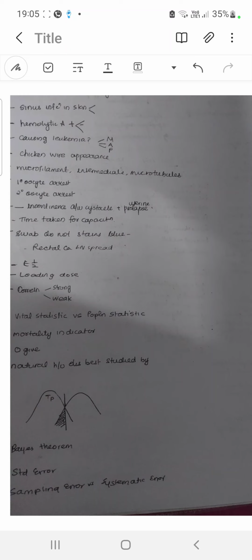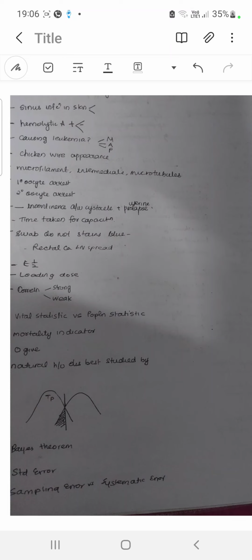In this data, TP is true positive, but that marked one is false positive. Bayes theorem is actually used to calculate positive predictive value: sensitivity into prevalence divided by sensitivity into prevalence plus 1 minus prevalence into 1 minus specificity. You can calculate negative predictive value also.